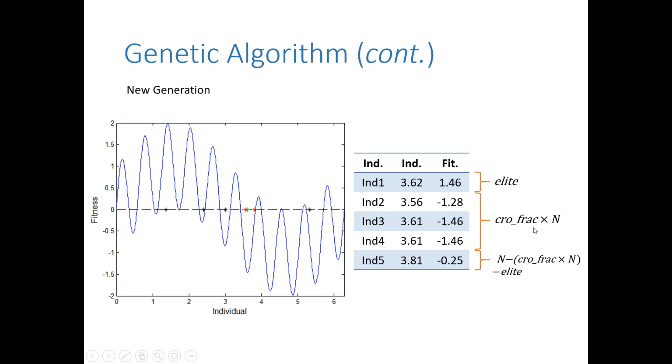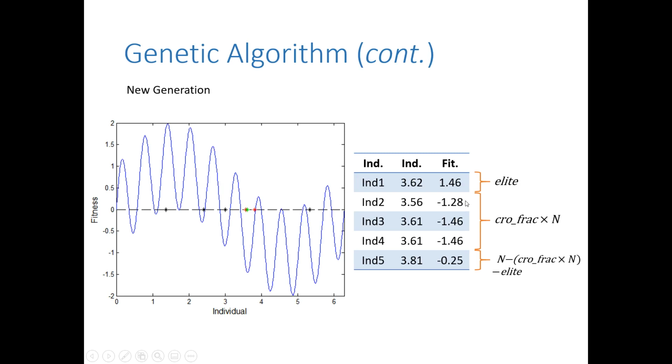Crossover fraction is a number between 0 and 1. Basically, this represents the proportion of individuals in the new generation that are produced by the crossover operation.